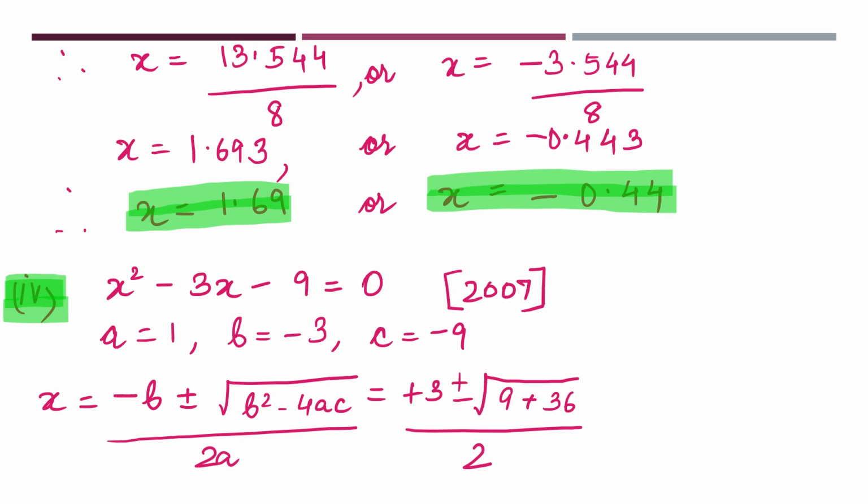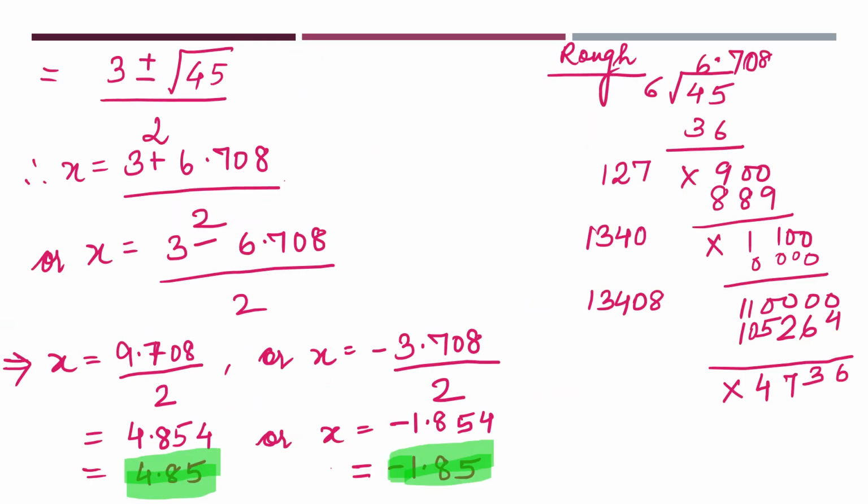Okay. Now here we get a is equal to 1, b is equal to minus 3 and c is equal to minus 9. x is equal to minus b plus minus under root of b square minus 4ac upon 2a is equal to plus 3 plus minus under root of 9 plus 36 upon 2. Okay.